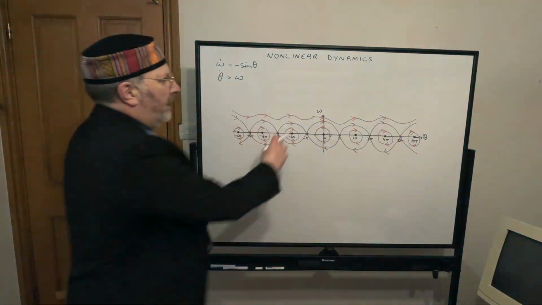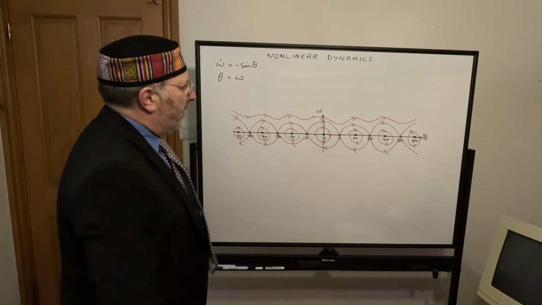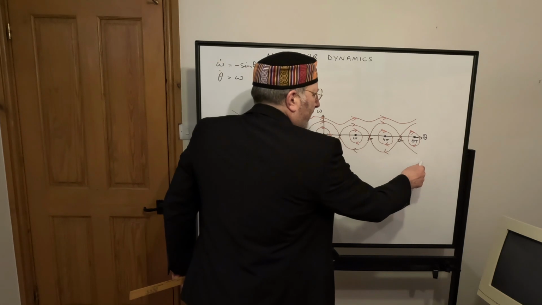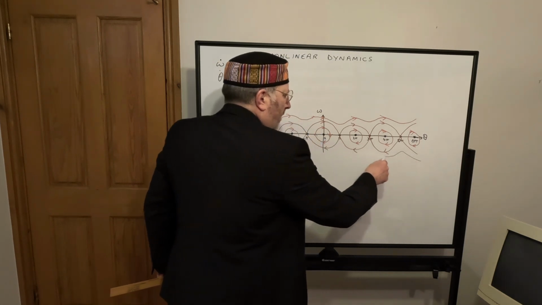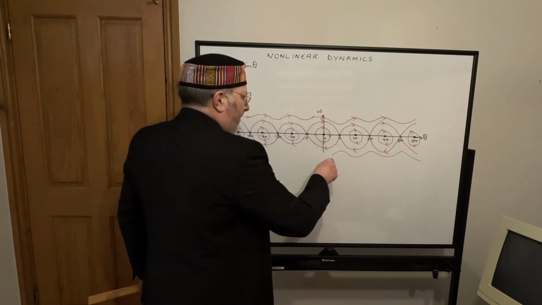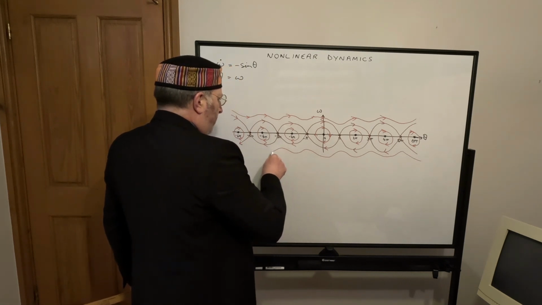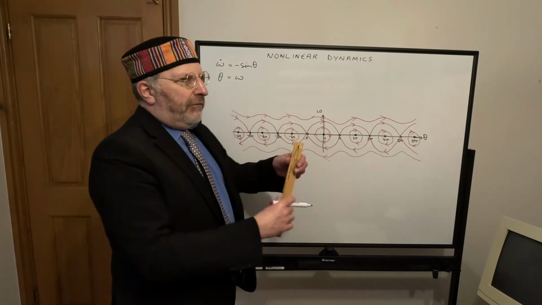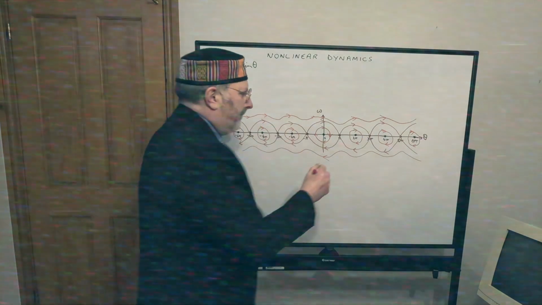Okay, so my wavy line's got a bit wonky there, but you can see it's just oscillating up and down. And the same on the other side. This is if it's whacked in the opposite direction and swings round the other way.